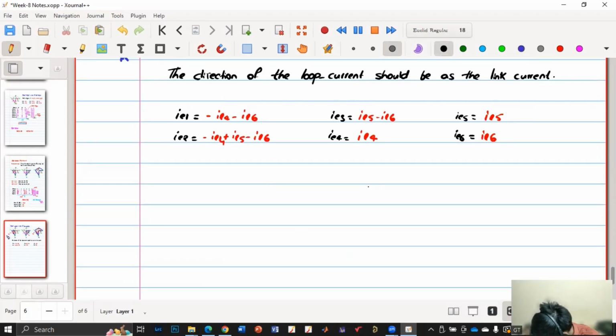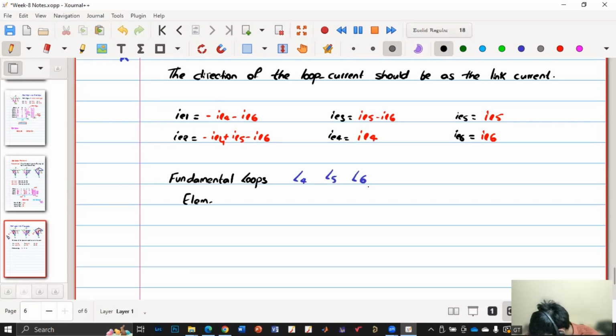So here horizontally, we have fundamental loops, which are L4, L5, L6. Vertically, we have elements.